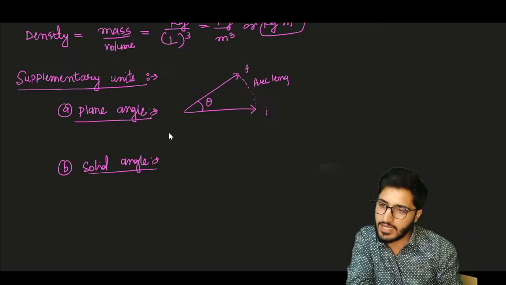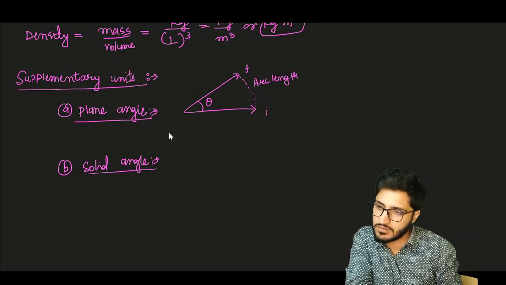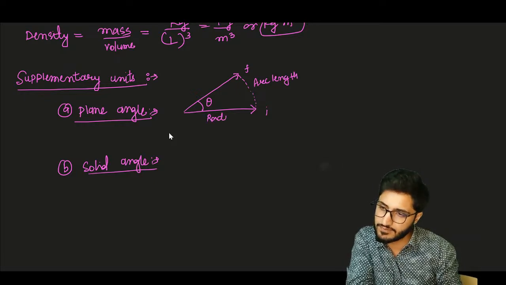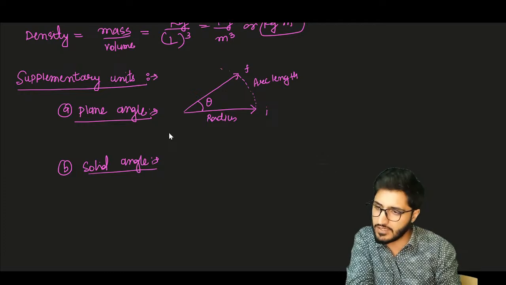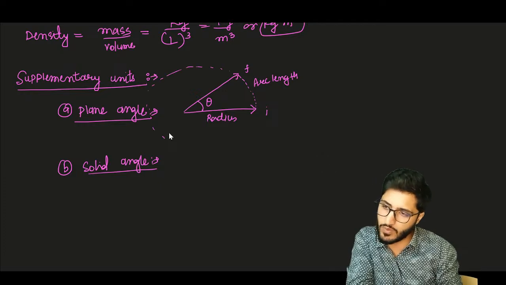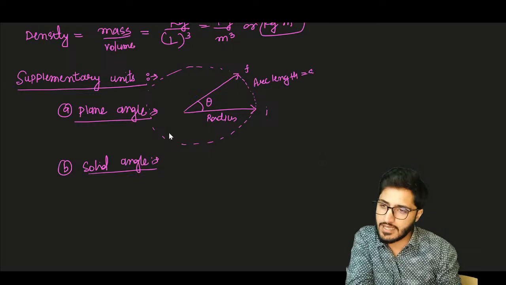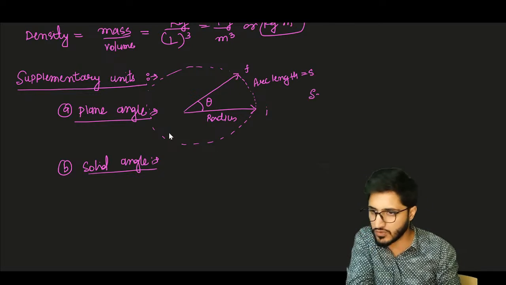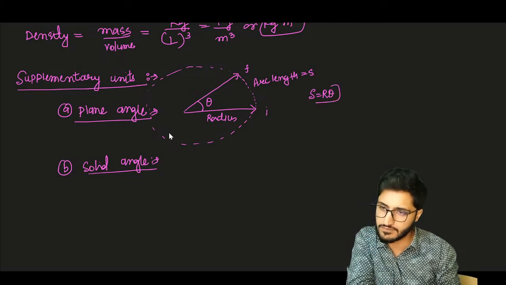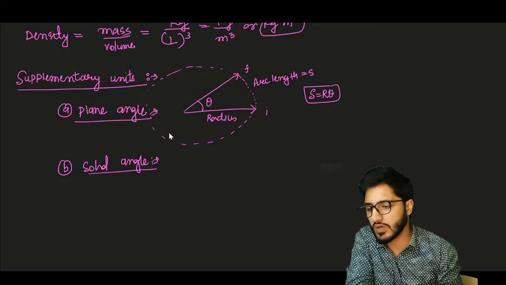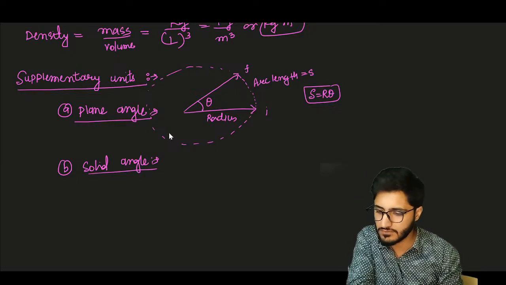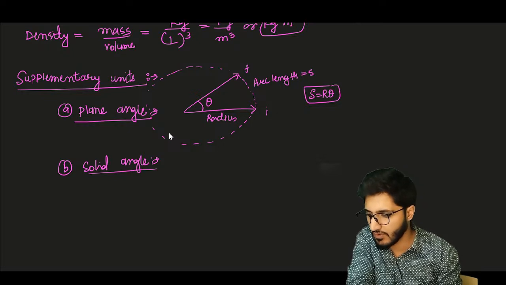This one is the radius, because it will become a circle after completing one revolution. So we are having a formula: arc length S is equal to R theta. S equals R theta. Clear?